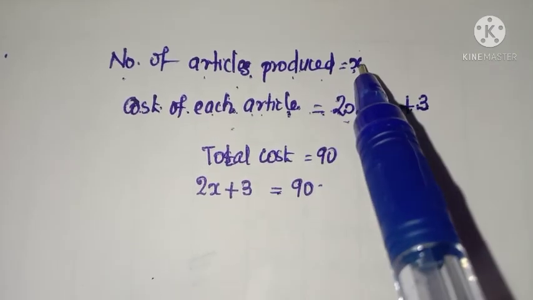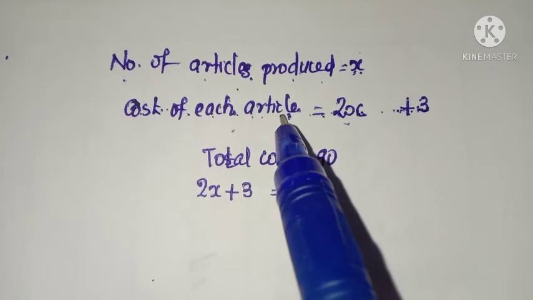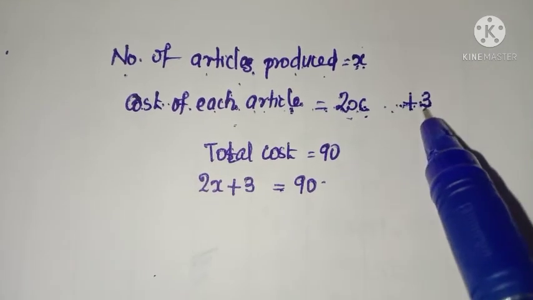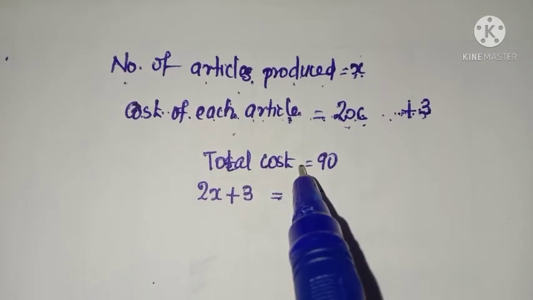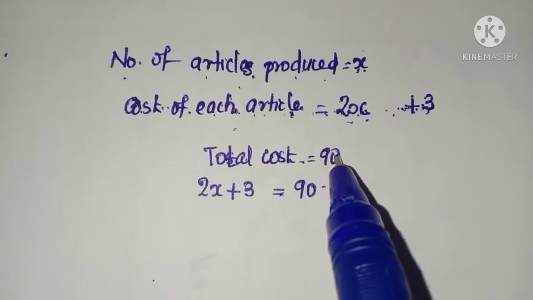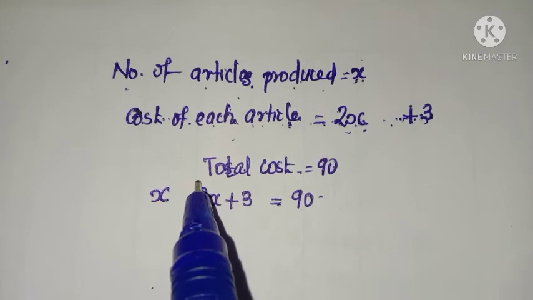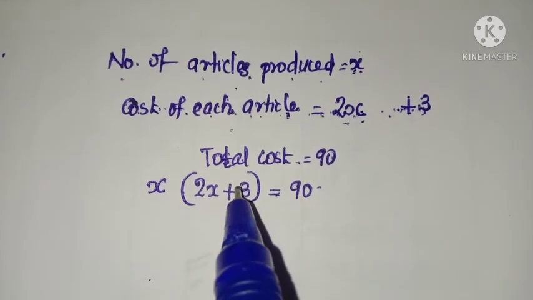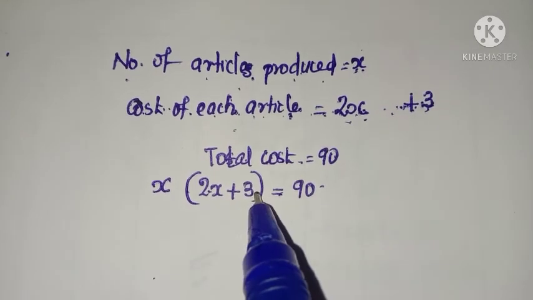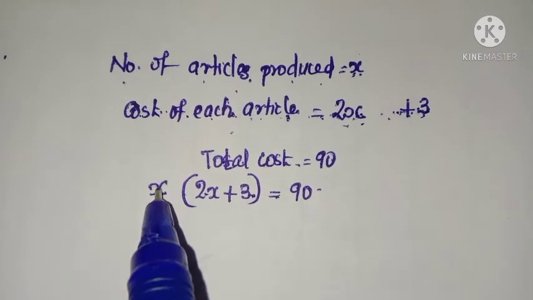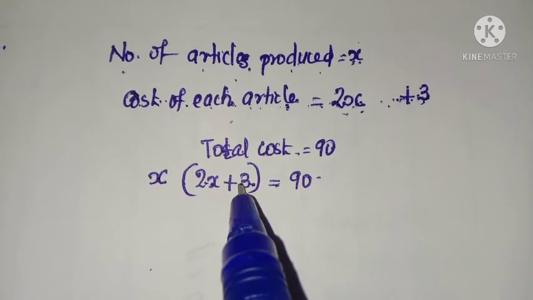So number of articles is x and cost of each article is 2x plus 3. Now total cost is given. Total cost is 90 rupees. So there are x number of articles and cost of each article is 2x plus 3. And therefore we can write x into 2x plus 3 gives 90.